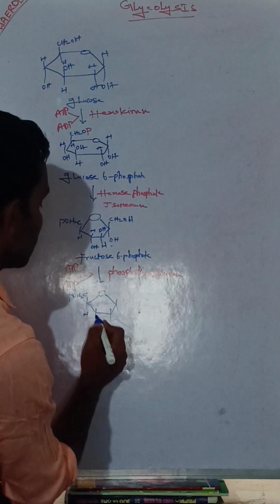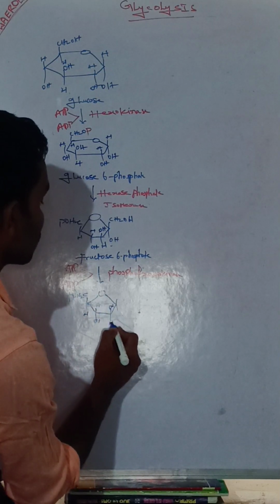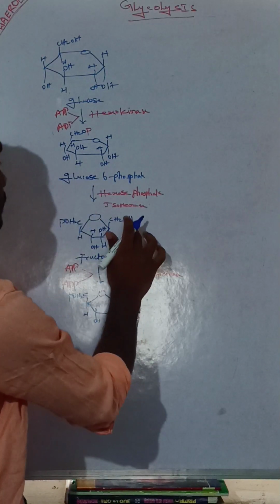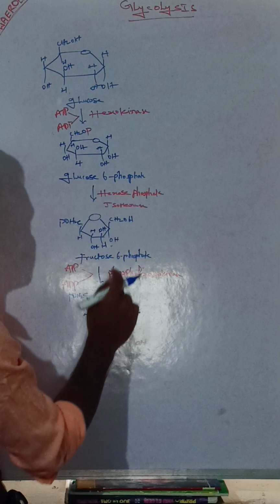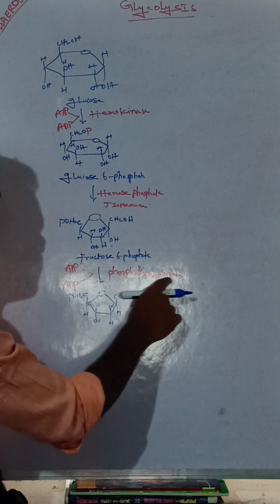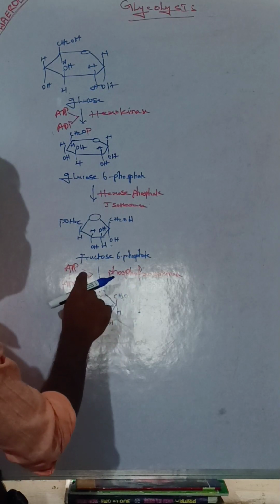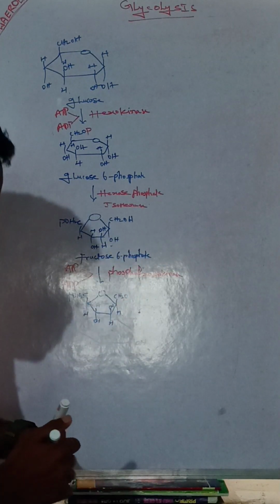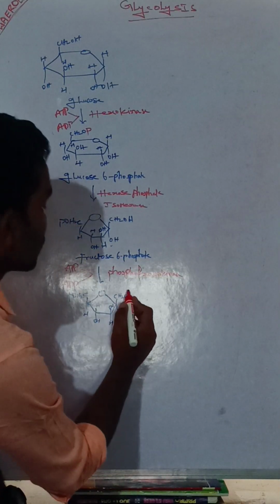Same structure. Here you can see, previously there is no phosphate here at the first position. When it is exposed to the phosphofructokinase enzyme by utilizing ATP, here will be the phosphorylation step.